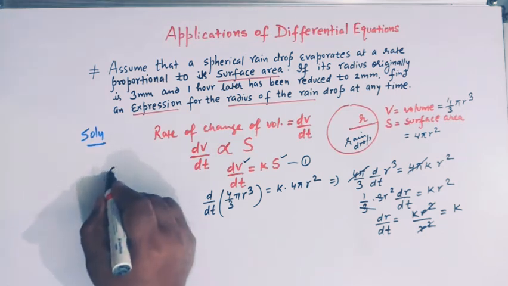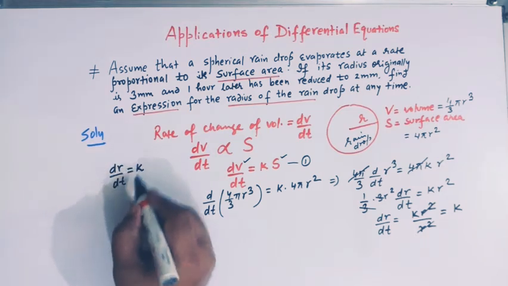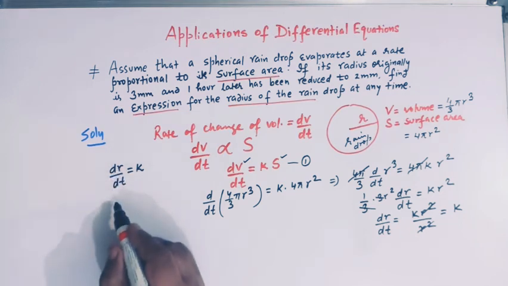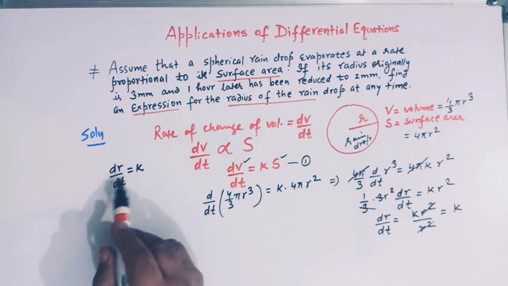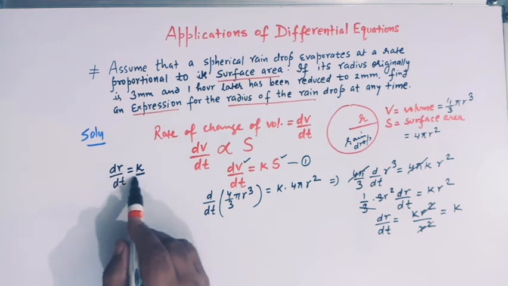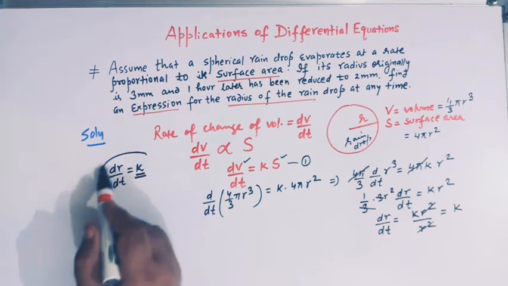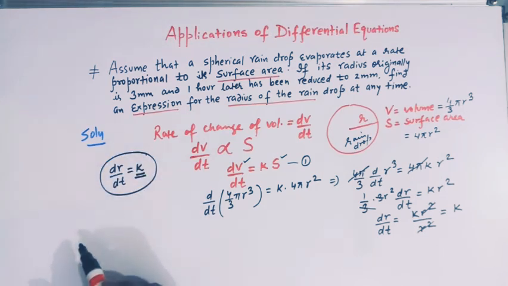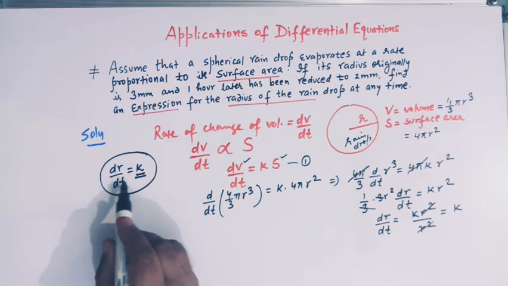So dr over dt is equal to k. The rate of change of the radius is equal to the constant of proportionality. Now this is a differential equation, and we have to solve it.